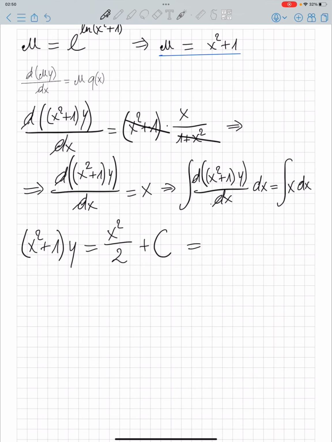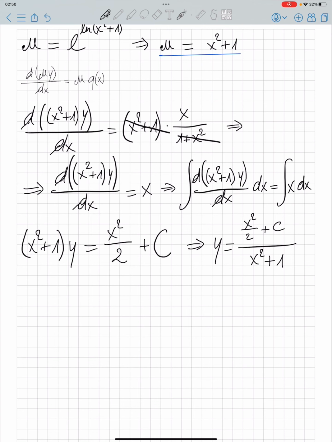Now we want y, so we divide both sides by this x squared plus 1.